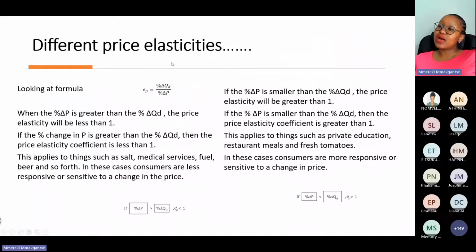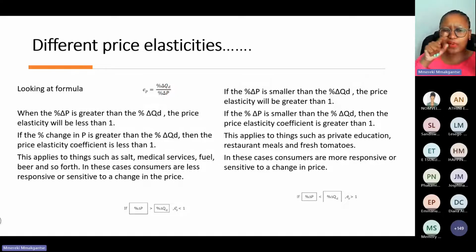Yes. So now looking at our formula, remember it's percentage change in quantity demanded divided by percentage change in price. QP, remember, is close to UP. Maybe you can remember: coefficient, quantity demanded, price.